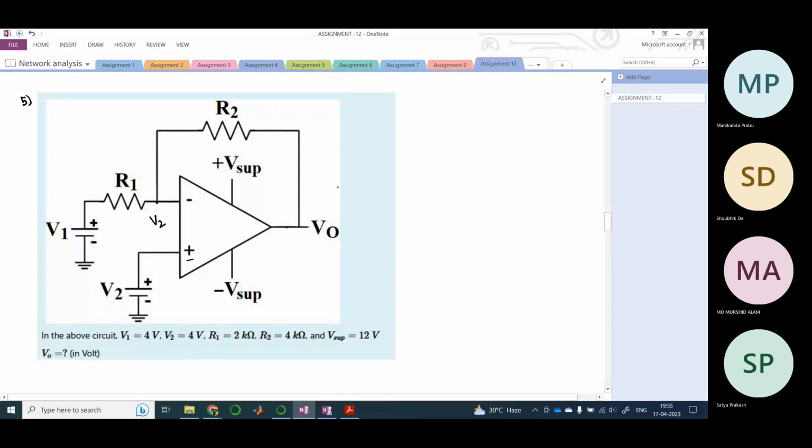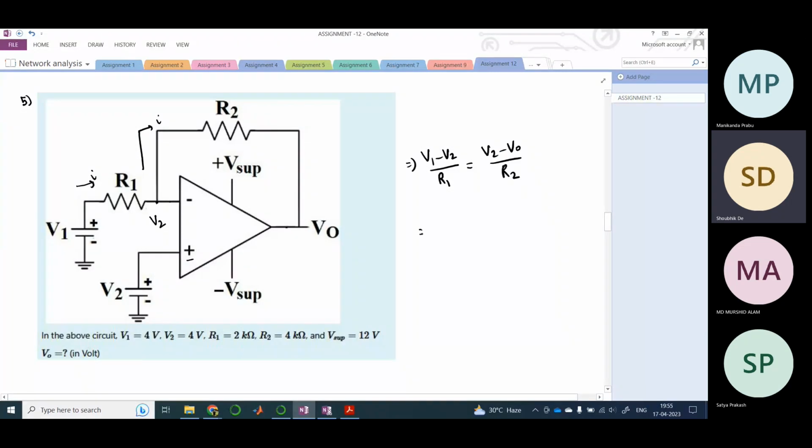Once you do that, this current is flowing through this path, so this becomes pretty simple. V1 minus V2 by R1 is equal to V2 minus V0 by R2. V1 is 4, and this is also 4.